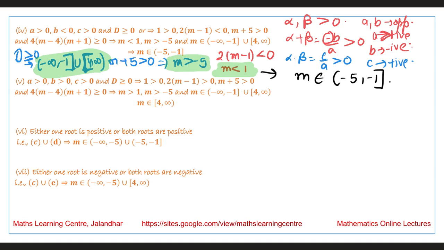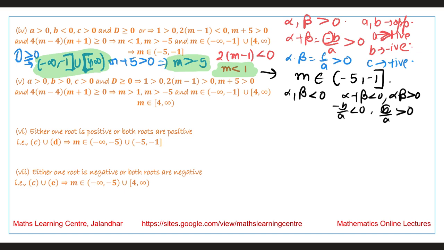Next is the roots will be negative, that is both roots should be negative. So in that case the roots alpha and beta are both less than 0. So alpha plus beta is less than 0, alpha into beta is greater than 0, minus b by a is less than 0, and c by a is greater than 0.